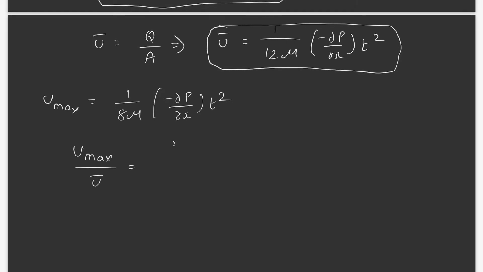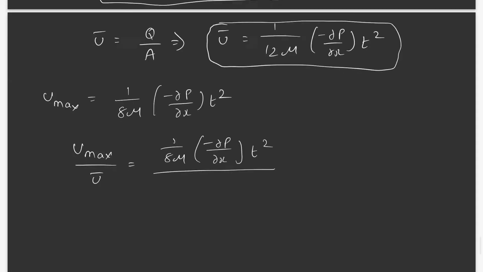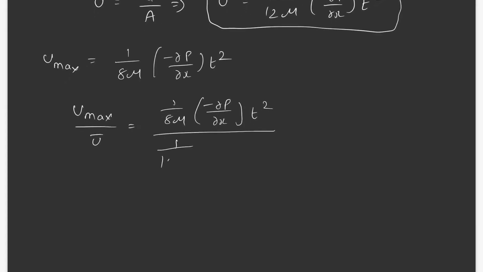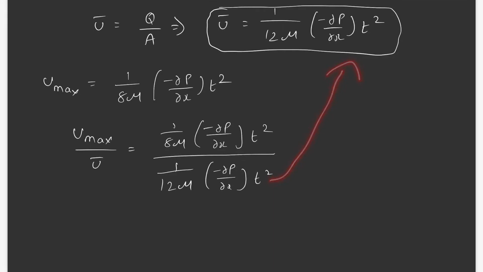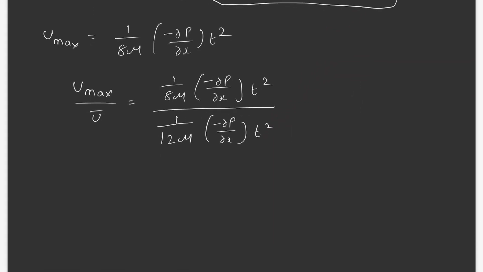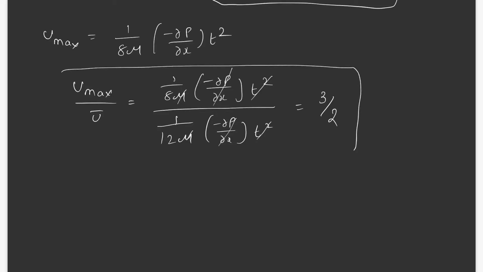Substitute this: 1 by 8 mu into minus dou P by dou X into T square, divided by 1 by 12 mu into minus dou P by dou X into T square. This value, what will we get? Everything cancels: dou P by dou X, T square, mu. So it is 12 by 8, which is equal to 3 by 2. This is the value of U max by U bar.